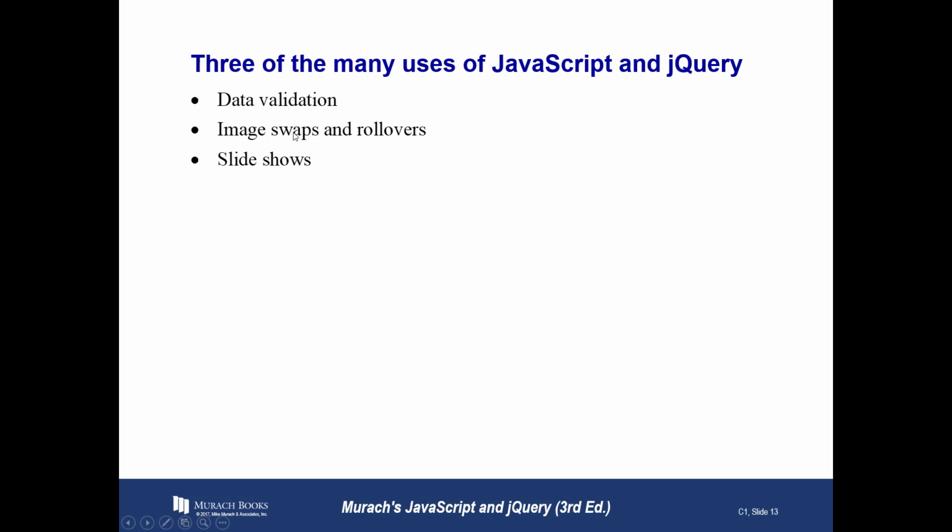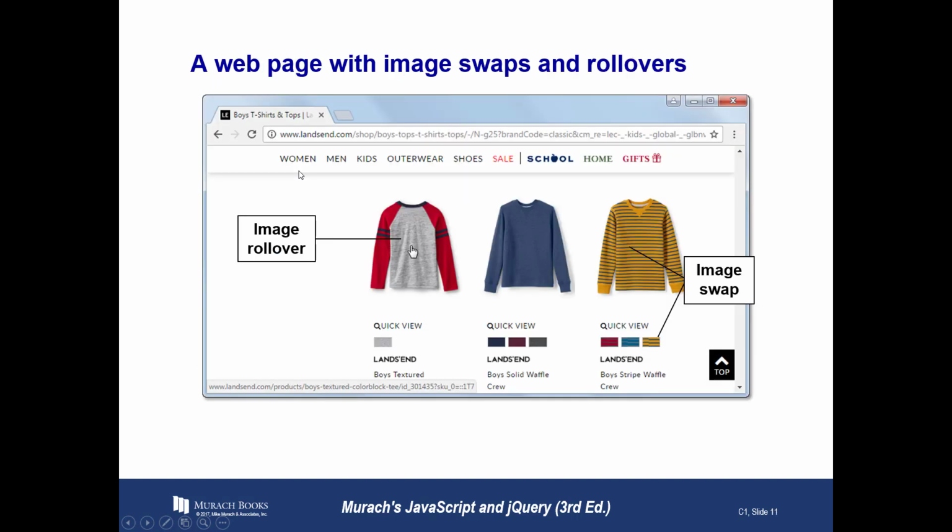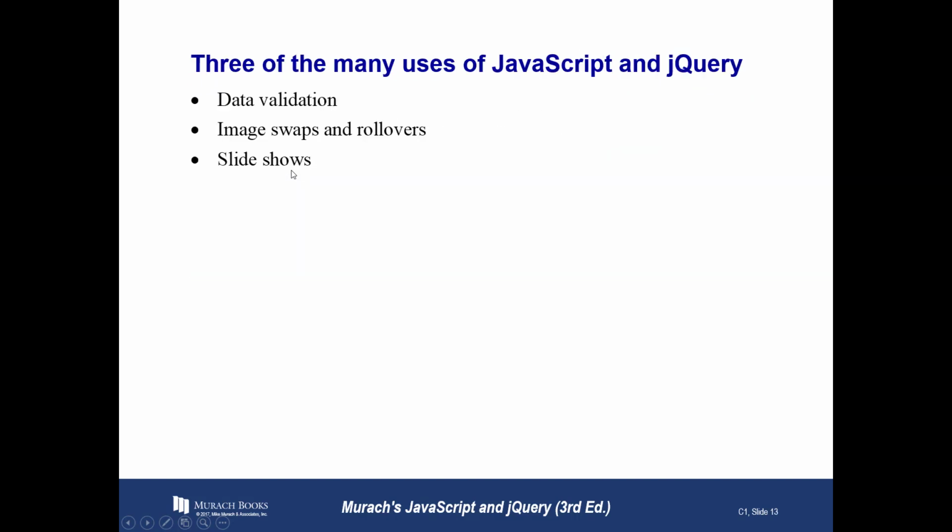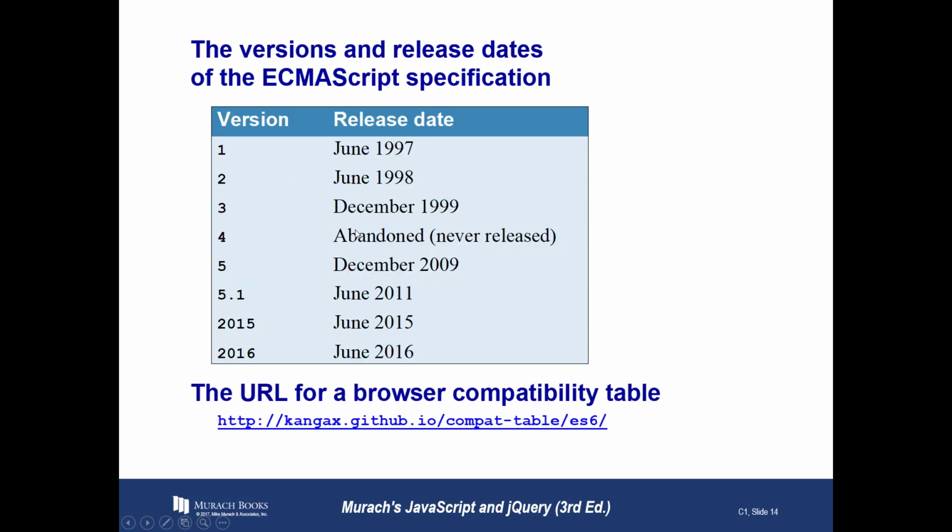Data validation: we showed some validation when we went through the form chapter, but we did that using HTML. You can also do validation using JavaScript. You've already seen a little bit of image swaps and rollovers, and we'll also get into how you can use them for slideshows.